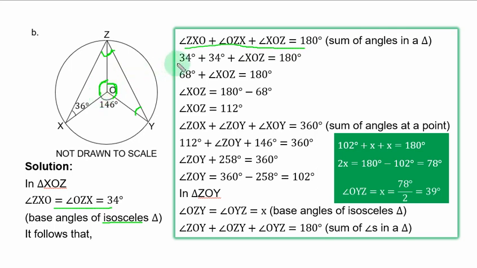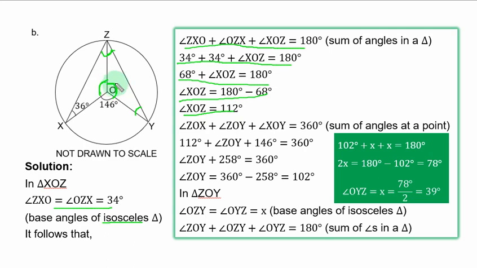So you have 34 degrees plus 34 degrees plus angle SOZ, that is the middle angle now, equal to 180 degrees. If you add, you get this. Collect like terms, you get this. And if you subtract, angle SOZ is 112 degrees.